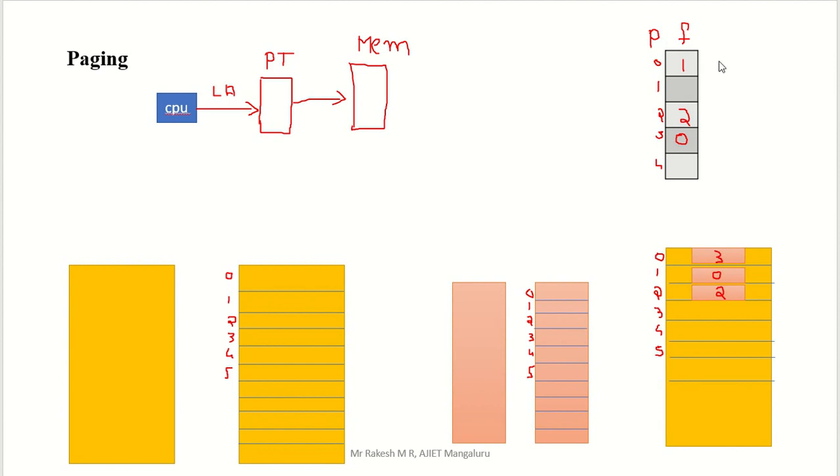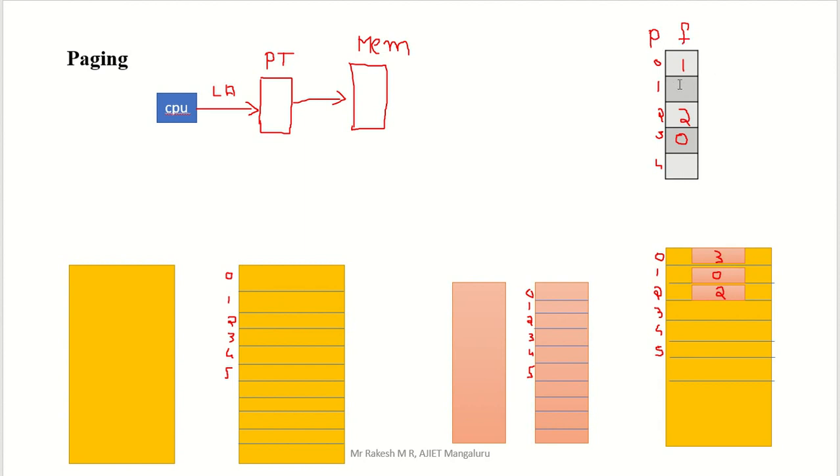This is the example for a page table. Inside the table, all the numbers are frame numbers, which is why I represented them with F. Outside, the numbers are page numbers. Like this we have to create one page table.